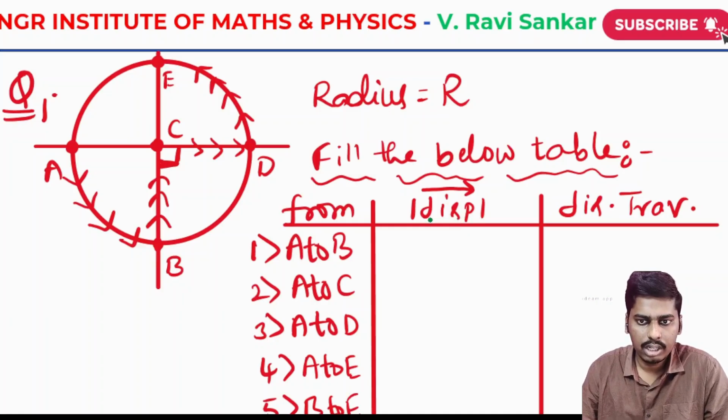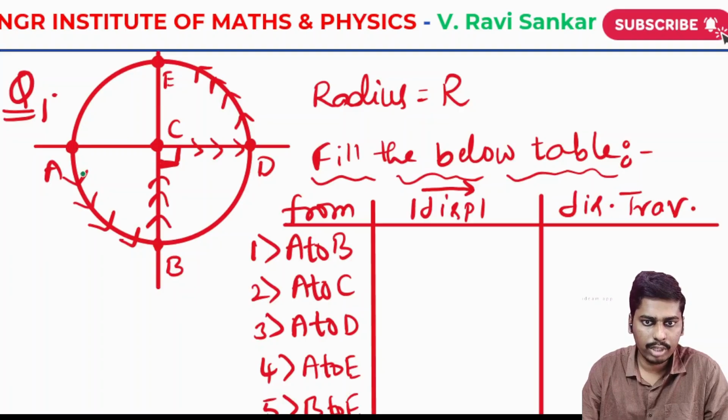Displacement is nothing but the straight line joining the initial point and the final point, and the direction is towards the final point. But here they didn't ask the direction, they only asked the magnitude of the displacement. That means we only need to say the length of the shortest distance.